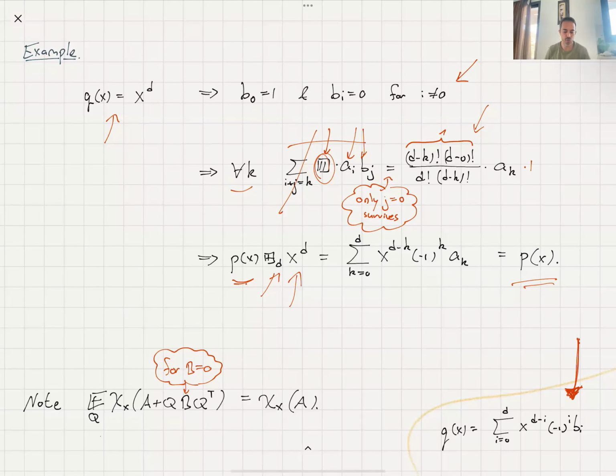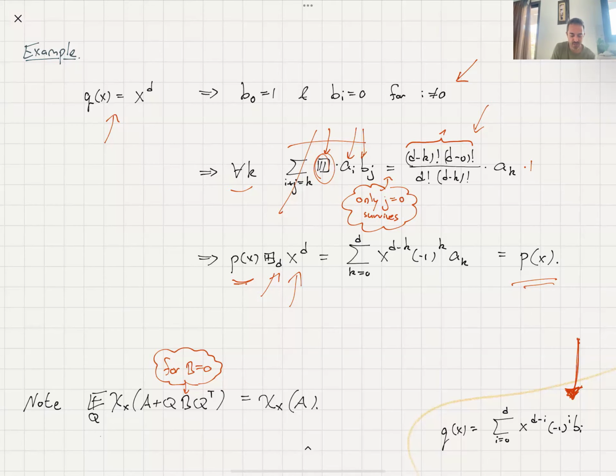And that should not come as a surprise, because if you believe me that this is a generalization of our original definition, then x to the D is essentially the zero, like the characteristic polynomial of the all-zeros matrix, right?